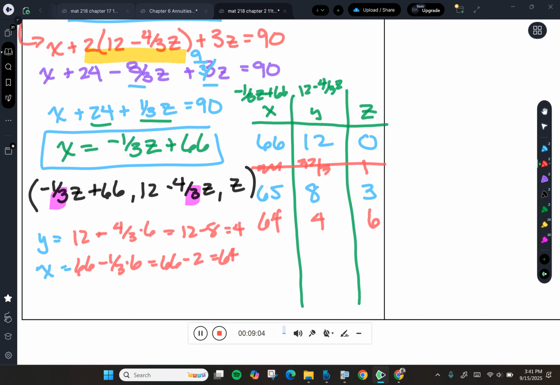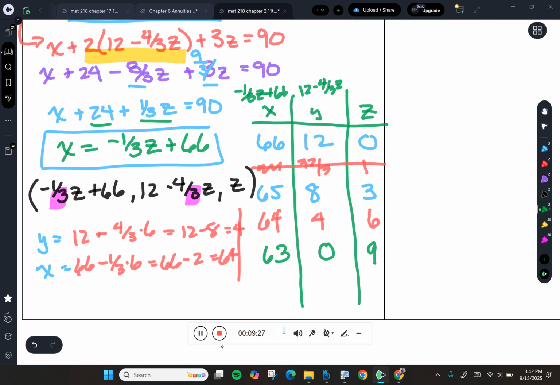Now, luckily, in most of these problems there's going to be a pattern hidden in the numbers. You'll see here, every time z goes up by 3, y goes down by 4, and x goes down by 1. So if z goes up by 3 again, y would go down by 4, and x would go down by 1.